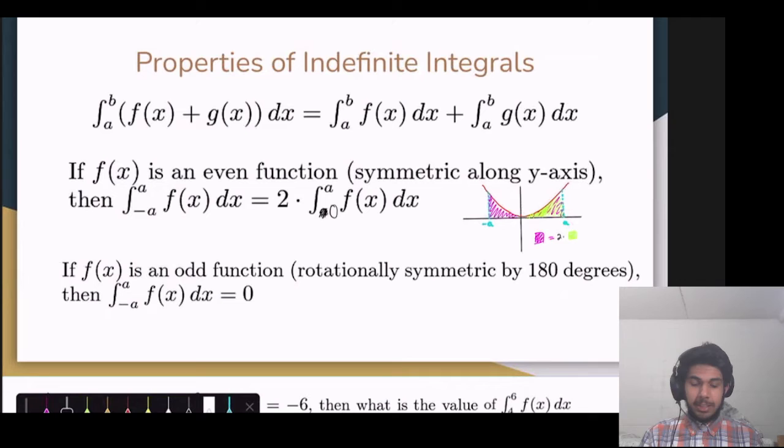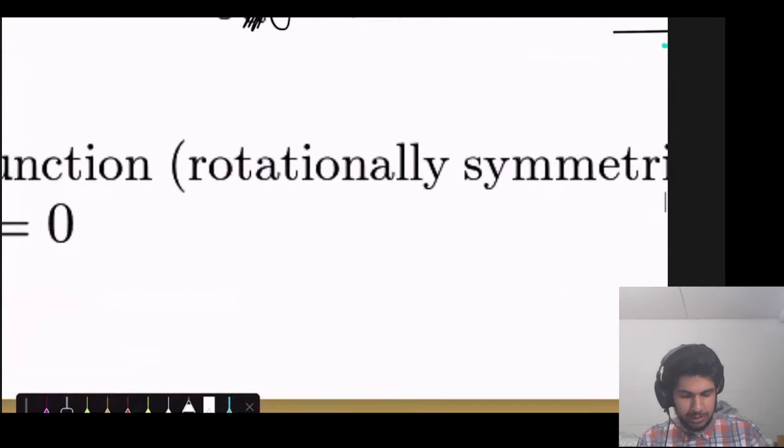Now, if f of x is an odd function, which means it's rotationally symmetric by 180 degrees, then the integral from negative a to a of f of x dx is equal to 0. So what's a good example of this? Let's try to draw our axes again.